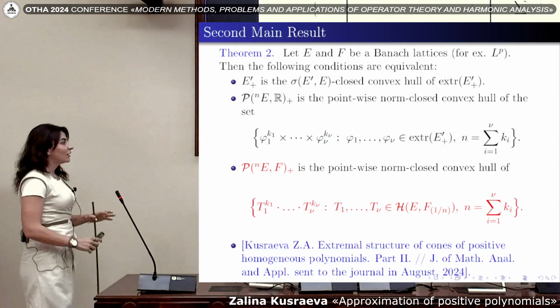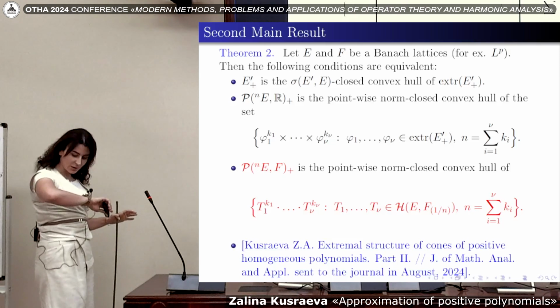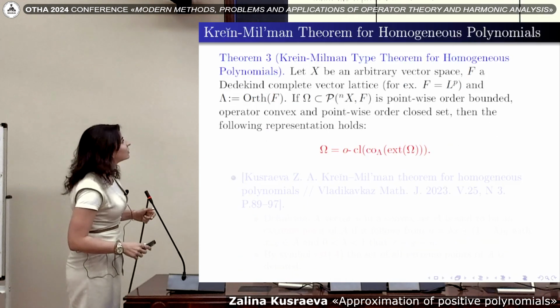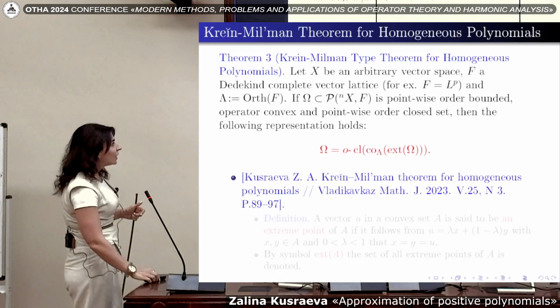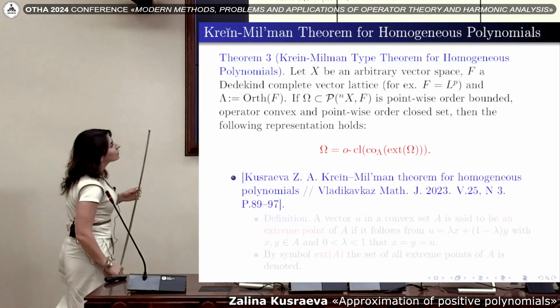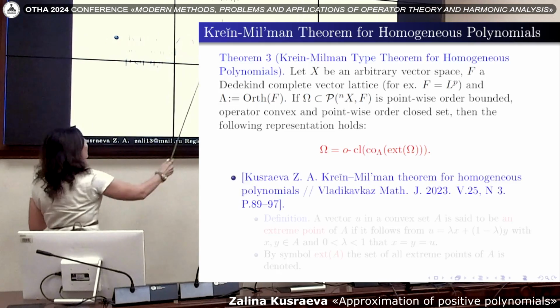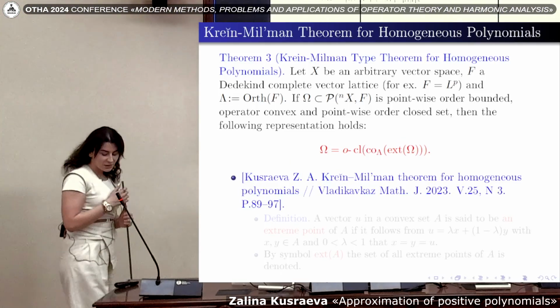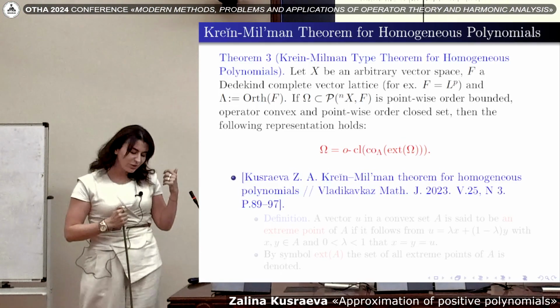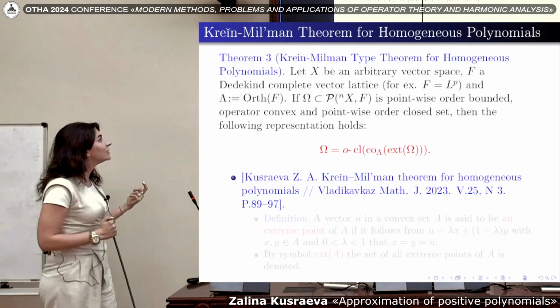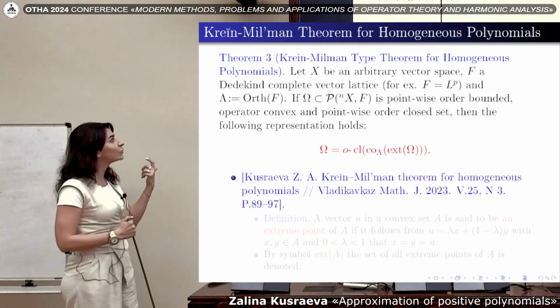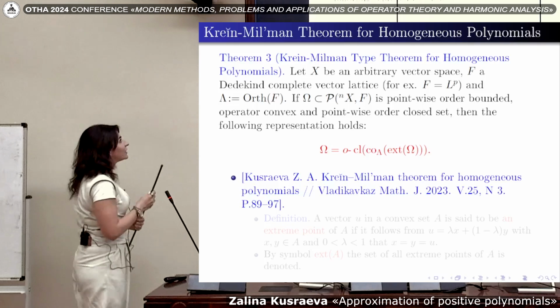And now, I also have a little time to present what was done before. In the middle of 2023, a generalization of the analogue of the Krein-Milman theorem for homogeneous polynomials was obtained. You can see it here.